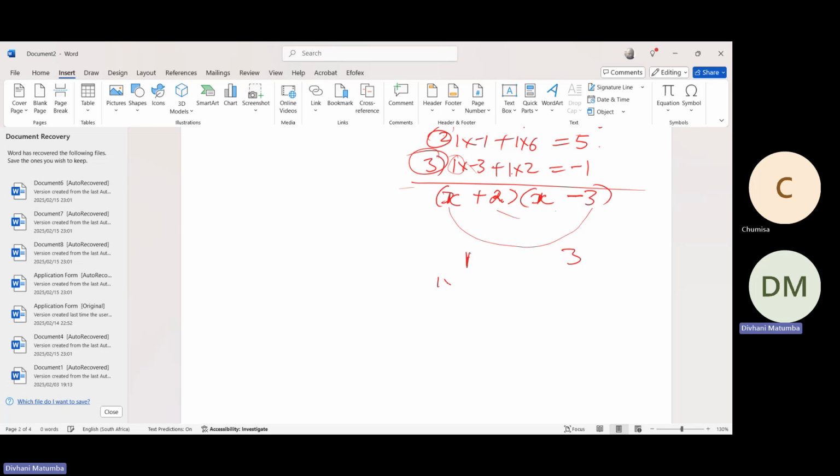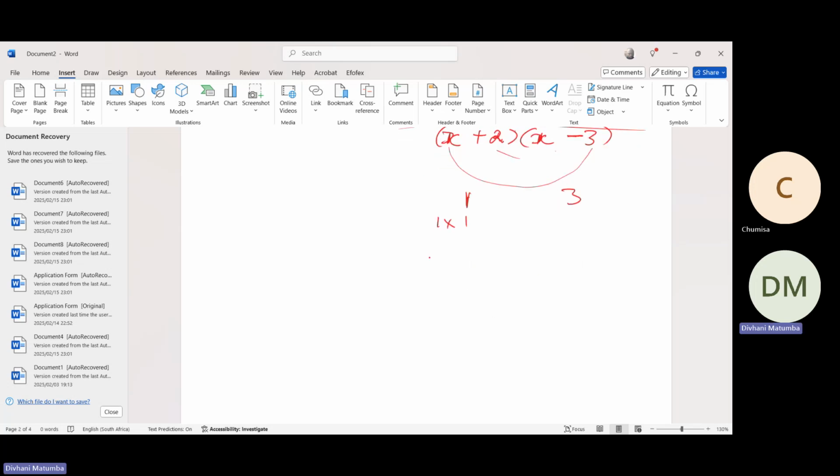So 1 will be 1 times 1, and minus 1 times minus 1. That's also possible. Then with 3, we're going to have 1 times 3 and minus 3 times minus 1.